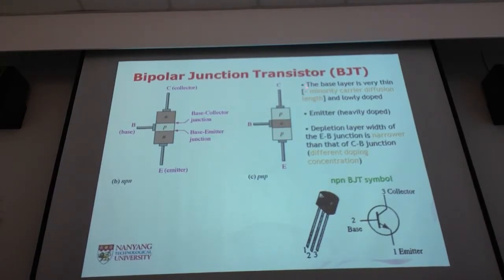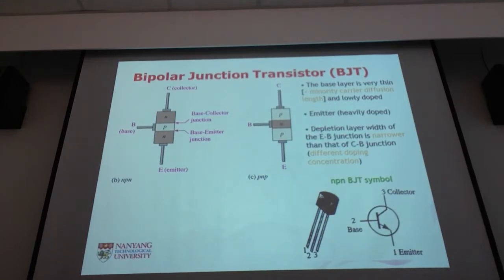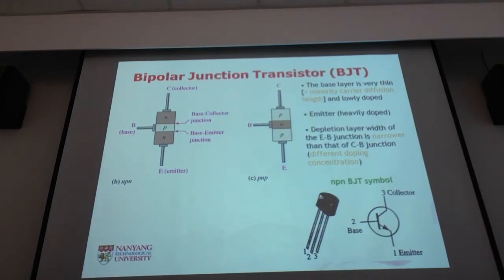And of course, the base layer has to be thin because if it's long, we need a very large applied voltage, which is not so cost effective and not so easy to control.